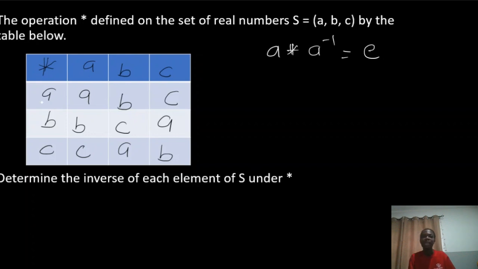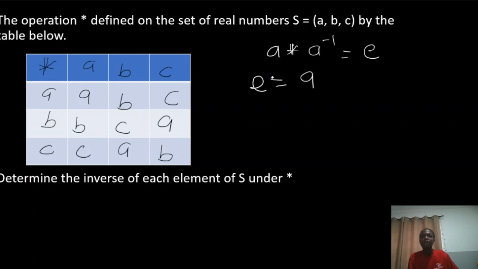So here a star a is a, a star b is giving us b, a star c is giving us c. So it means that a becomes the identity element, because whenever you perform an operation on a with any of the elements, you get the element itself. So we say that our identity element here is a.